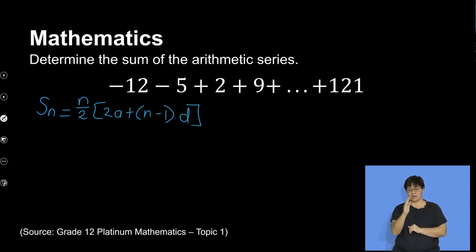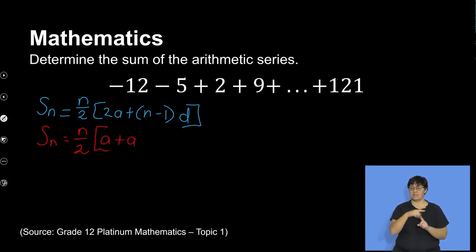Before I get into this example, I want to show you something cool with regards to this particular formula. I'm sure everyone will agree with me that I can actually write Sn is equal to n over 2, open brackets, a plus a plus n minus 1 d.